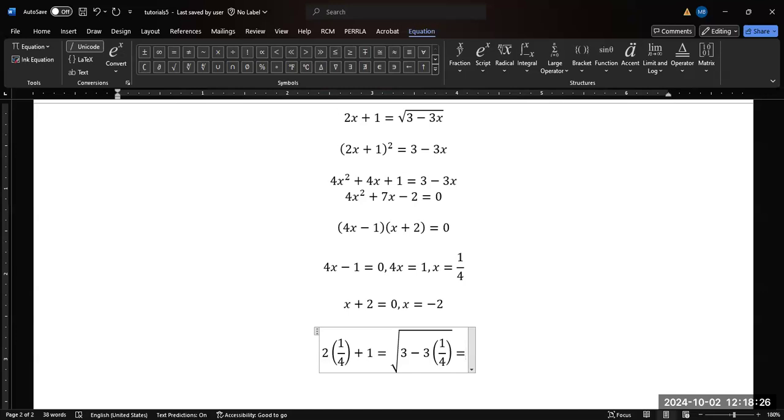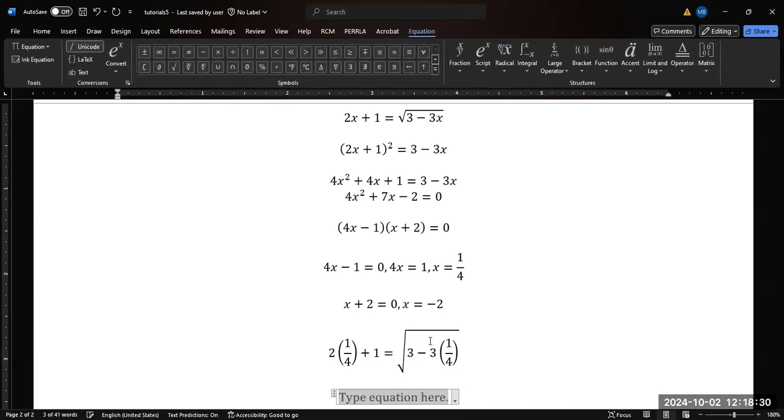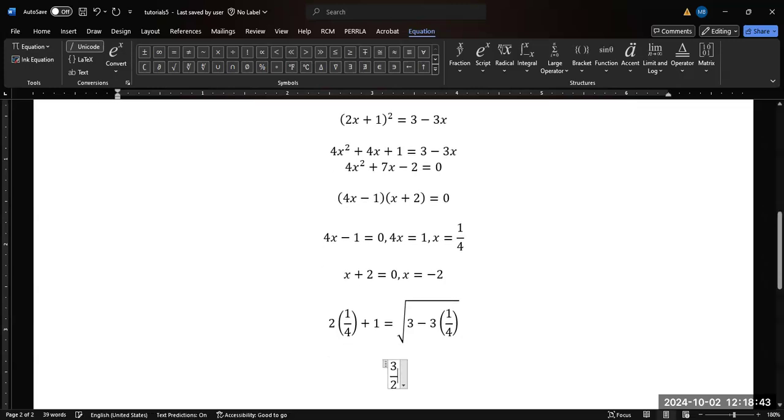And on the left side of the equation, 2 times 1/4 plus 1 is going to be 3 divided by 2.